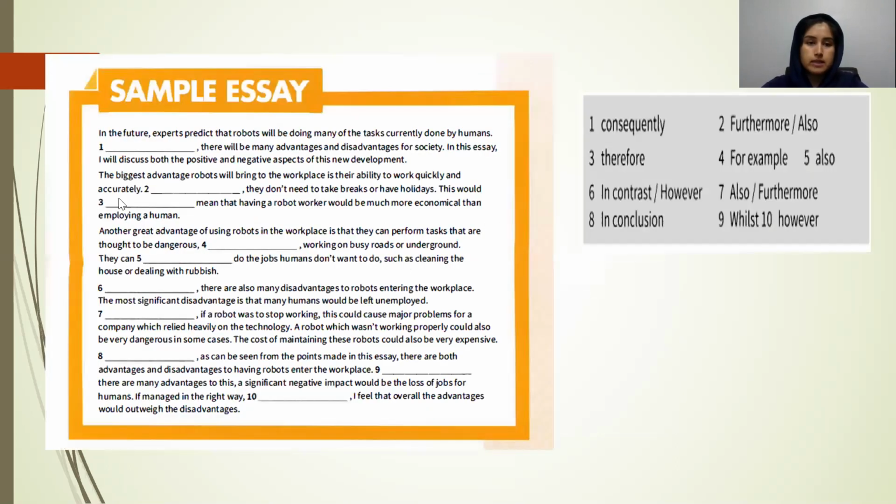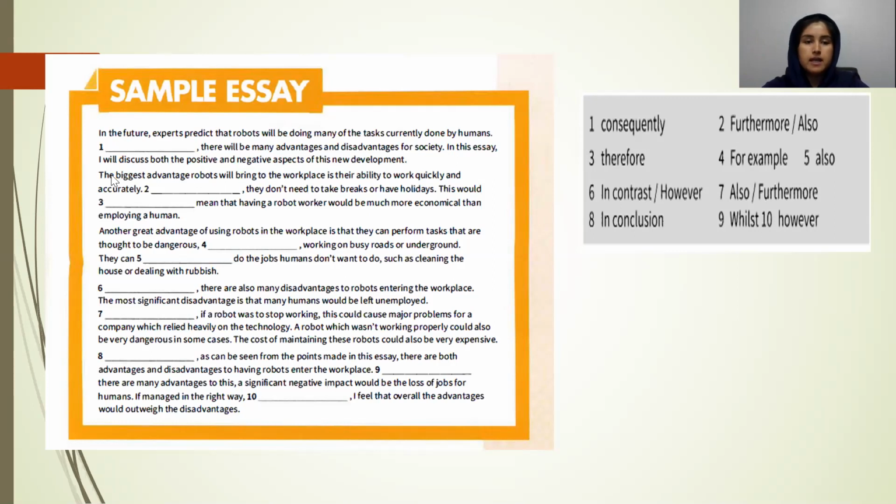So let's see here what they wrote. So the first one is, consequently, there will be many advantages and disadvantages for society. In this essay, I will discuss both the positive and negative aspects of the development. So this essay didn't really talk about exactly what the advantages or disadvantages are. You can write it this way, or you can also, in the first sentence, say what the advantage or disadvantage is.